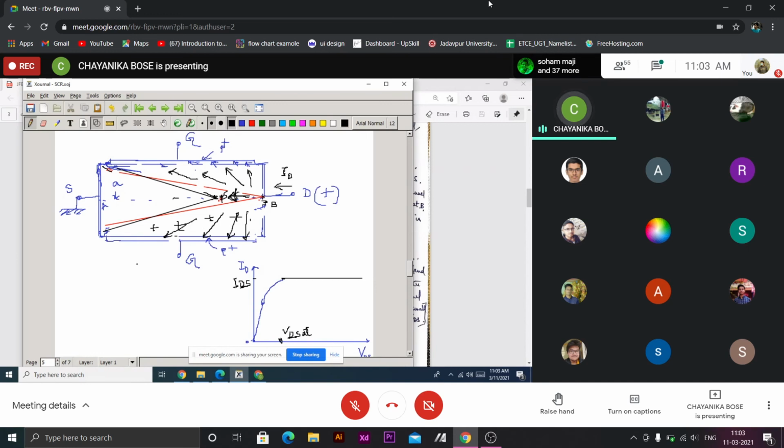Recall the PN junction. This is N, this is P. Within the depletion region, once the electrons reach the depletion region, the junction field sweeps them.